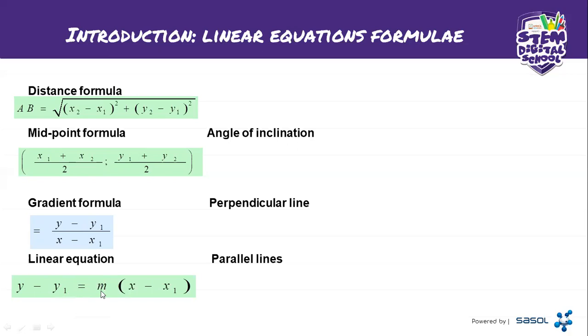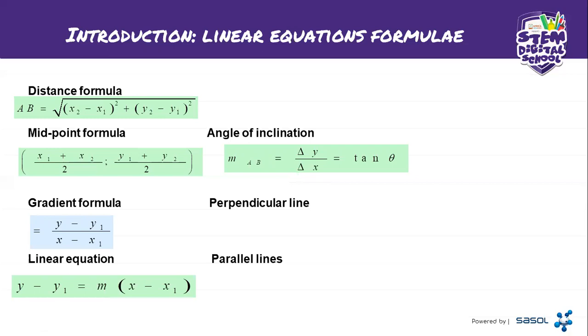And then the angle of inclination: tan theta equals the gradient, right? Change in y over change in x. So if you don't understand the gradient, then there are so many things that you are not going to be able to answer.